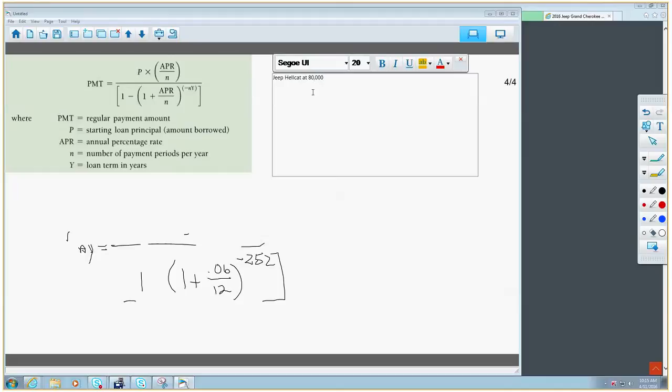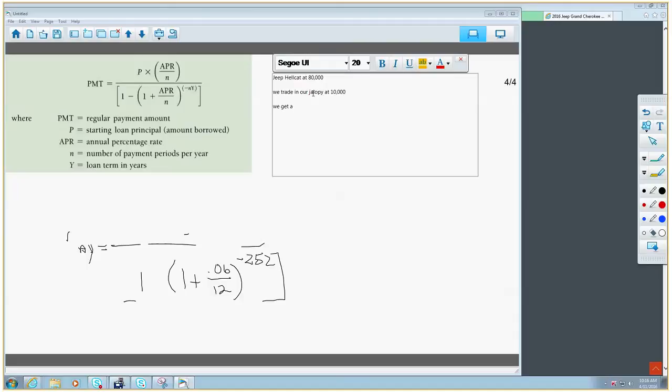All right. We trade in our old car at 10,000. Somebody tell me what the going rate on a used car is right now. Anybody know? The APR on a car. I'll say 6%.